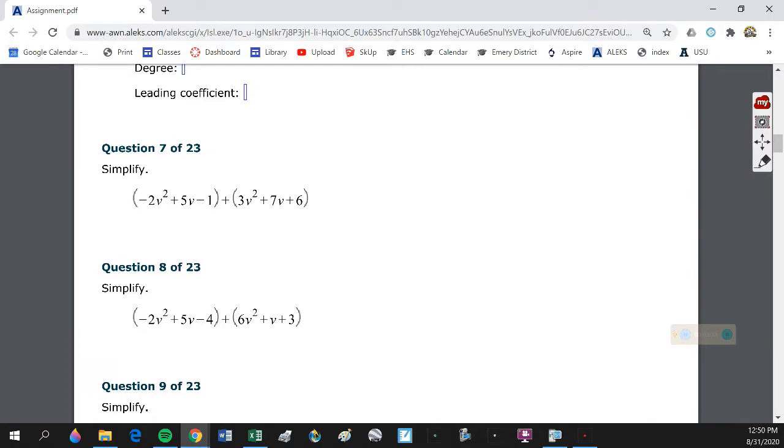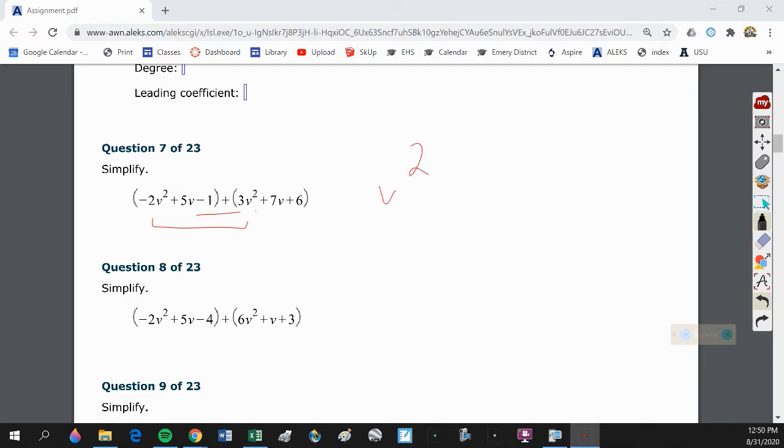All right. So simplifying. All we're doing is combining like terms. But remember, you have to be careful. Is this a multiplication problem or is it an addition problem? It's addition. What do we do with addition? We have a -2v squared. Are there any other v squareds? Yes. Those two go together and they create v squared.